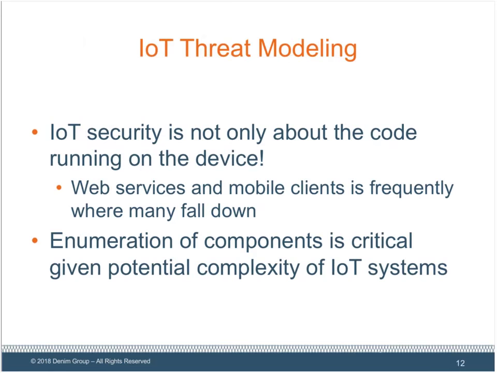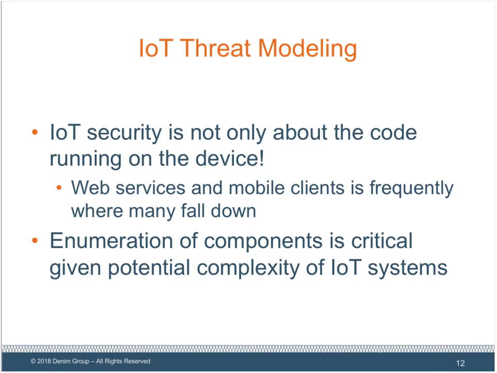This is an absolute imperative because of, number one, the dissimilar implementations of IoT. Again, what is an IoT? Is it an aggregation device? And secondly, there are lots of moving parts, and I'll talk about that in a second.